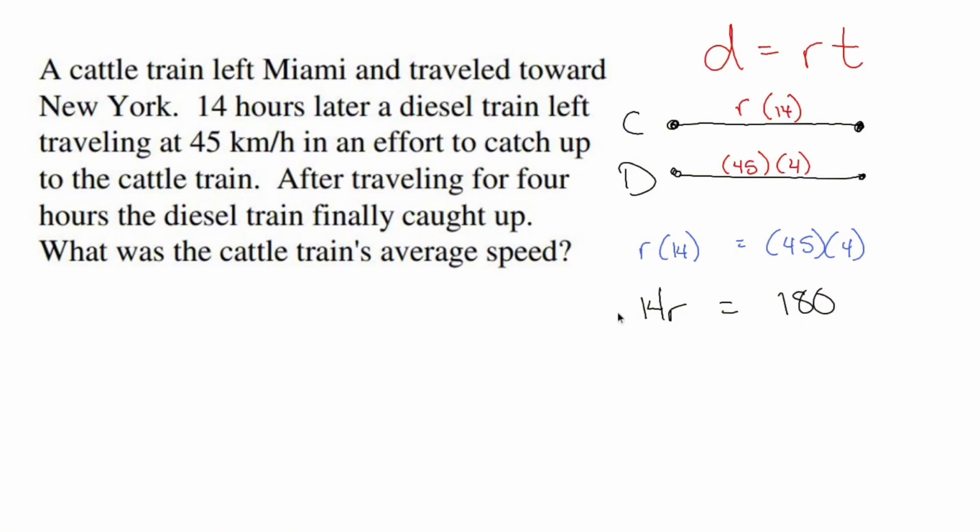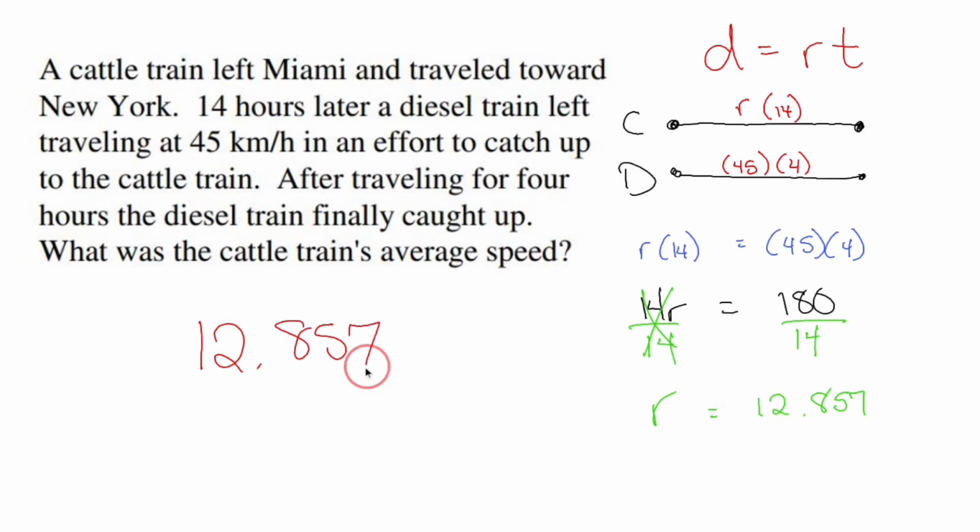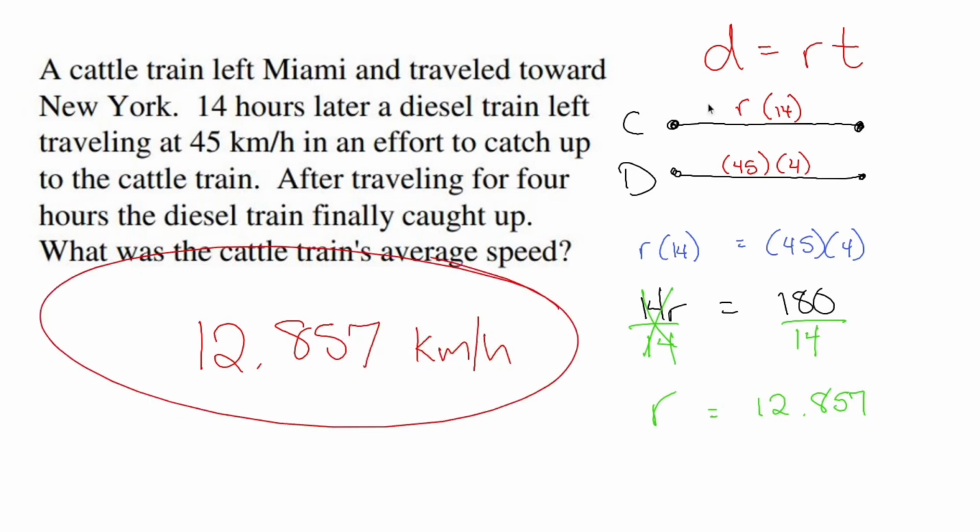Divide both sides by 14, because 14 is being multiplied to R, we got to do the inverse, which is divide. And it's not pleasant. We are going to get 12.857. So we'll leave it at that. 12.857 miles per hour. We'll write that over here. All right. So the distances are the same, and we just did rate times time, set them equal to each other. Fun.